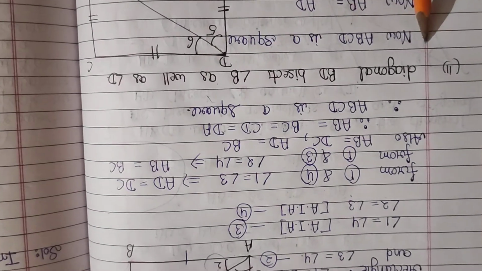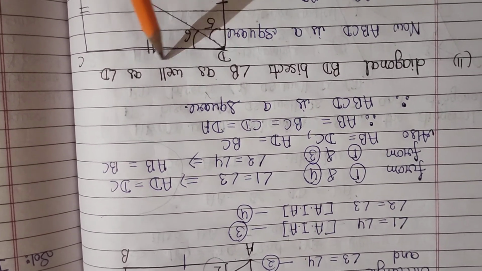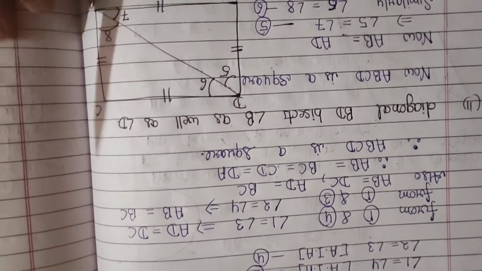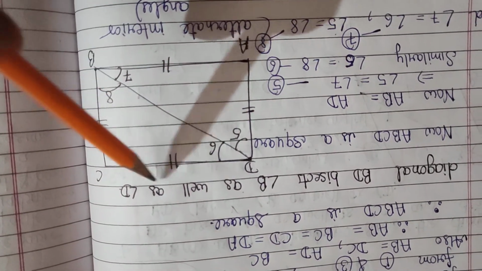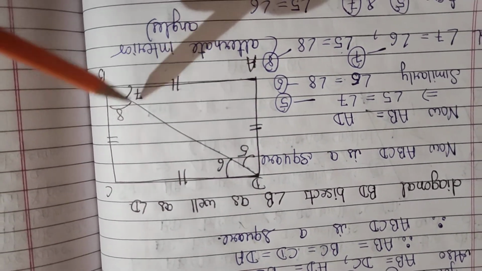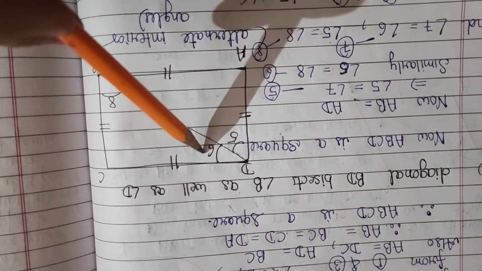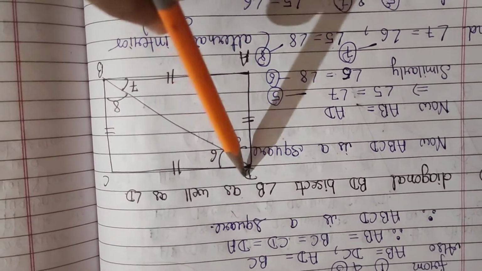Now for the second part, the diagonal BD bisects angle B as well as angle D. I have to show that angle 7 is equal to angle 8 and angle 5 is equal to angle 6. Now in the first part, I have proved ABCD is a square.